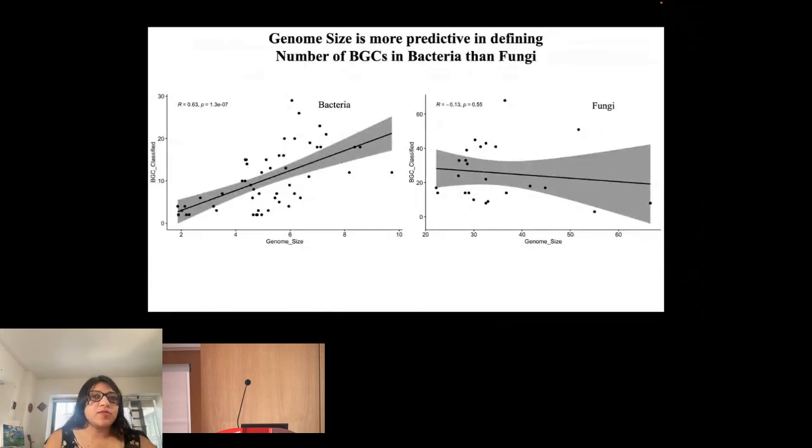We further studied the genome size, and we saw that genome size had little effect on the number of BGCs observed in fungi, which is in contrast to the findings observed in bacteria, where we see a direct correlation with genome size. A previous study suggested that prokaryotes with an average of 2.4 gene clusters per MB are usually microorganisms capable of producing a wide range of natural products.